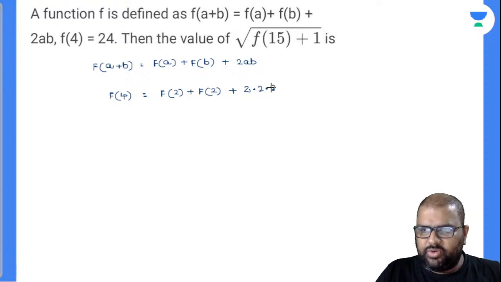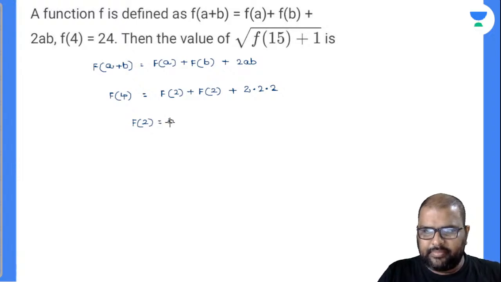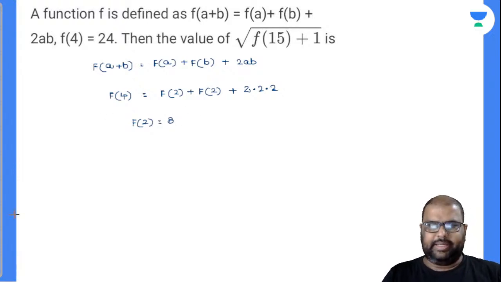Now what is the f of 2 value? This is 8, this is 24. 24 minus 8 is 16, which is 2 into f of 2. So finally my f of 2 value will be 24 minus 16, which is 8.